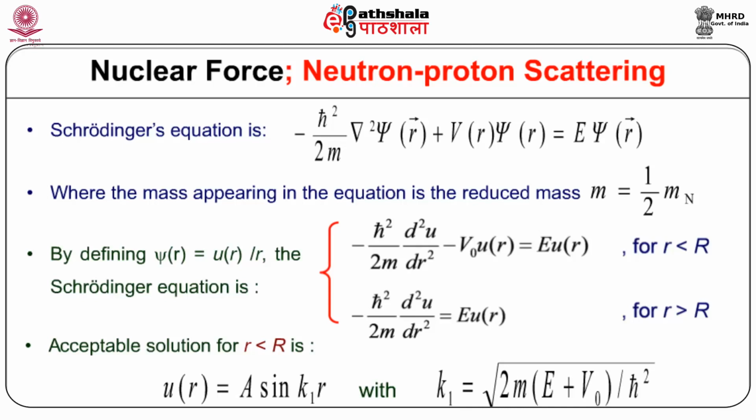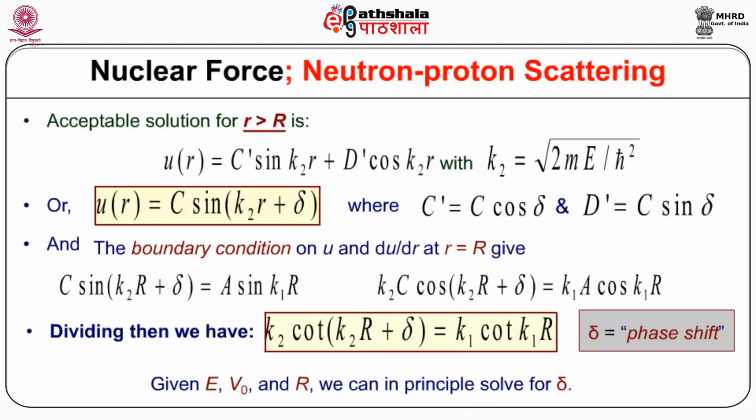Now for the Schrodinger wave equation inside the nucleus, the acceptable solution is u of r equal to A sine K1 r, with K1 equal to the square root of 2m(E plus V0) upon h bar. We are continuing our discussion about neutron-proton scattering at low energy.